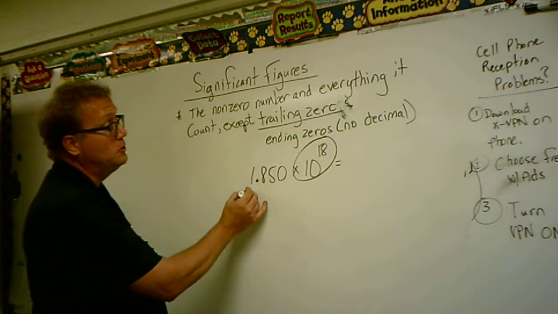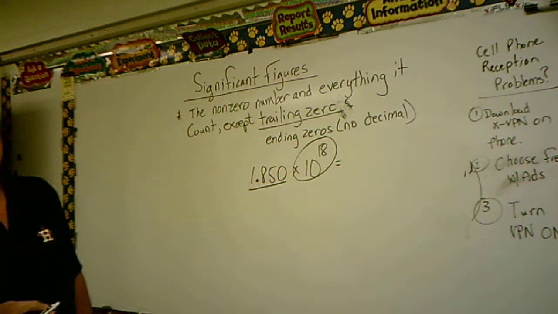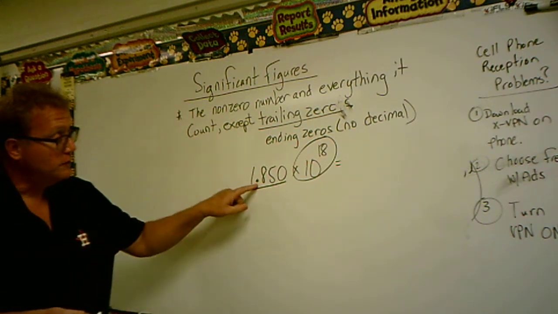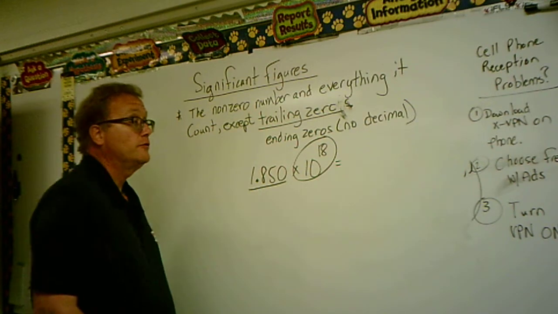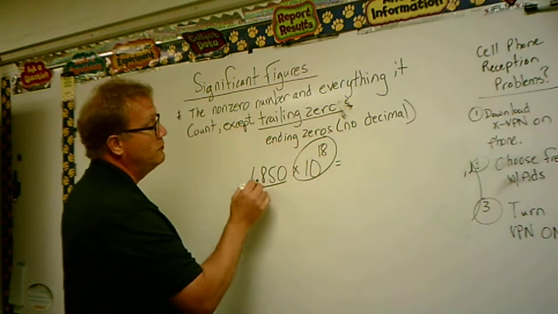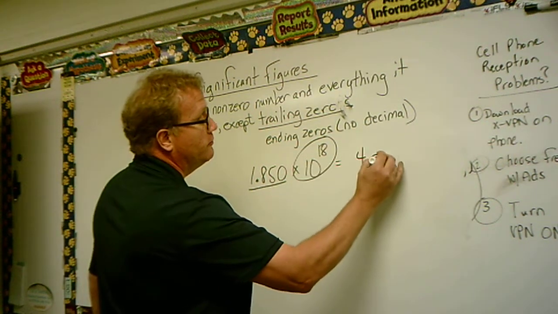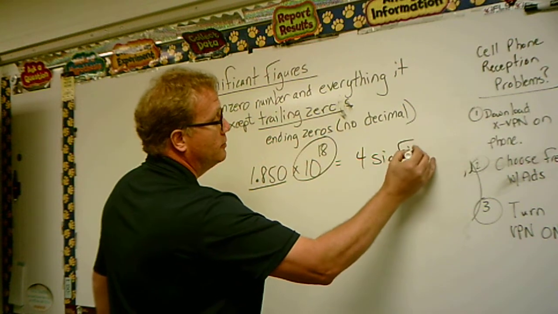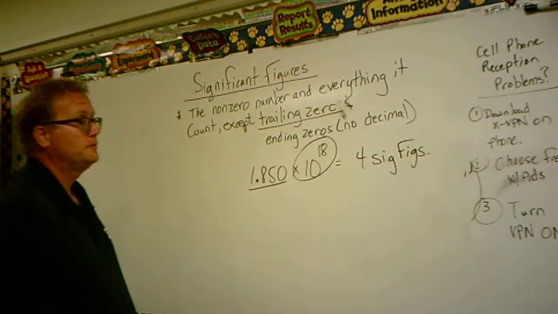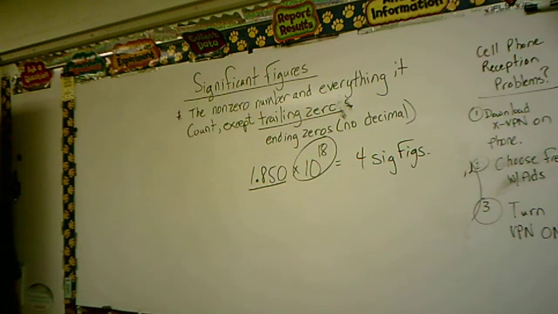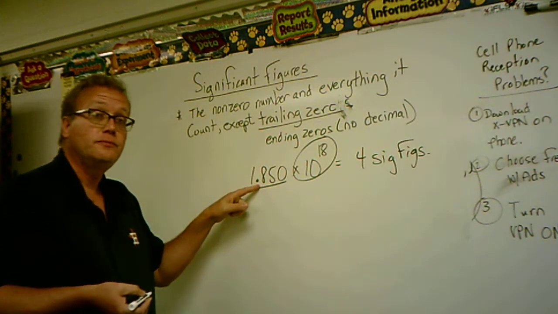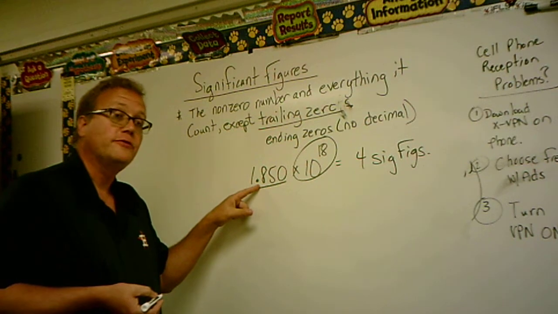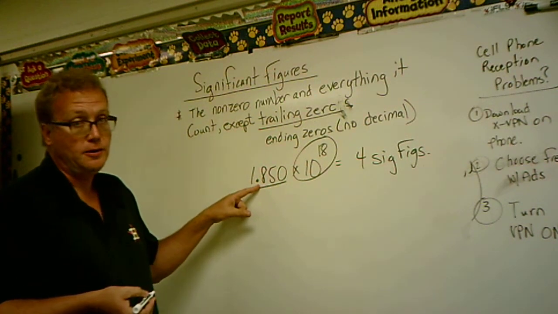The only thing I'm going to look at is this. So I see a decimal, every single one of these has to count. So this is actually going to be 4 sig figs, or significant figures. Just remember that when we're using scientific notation, the decimal goes after the first non-zero number.